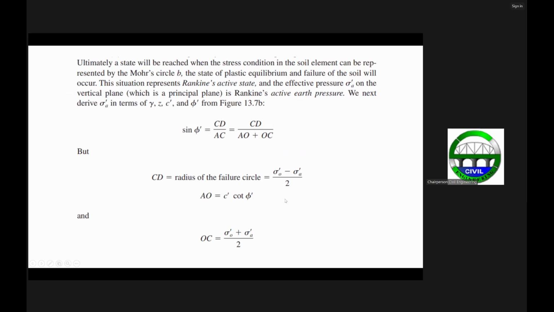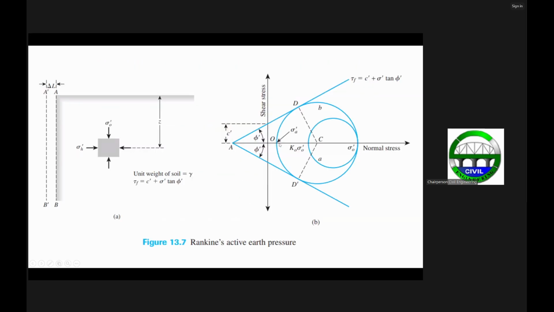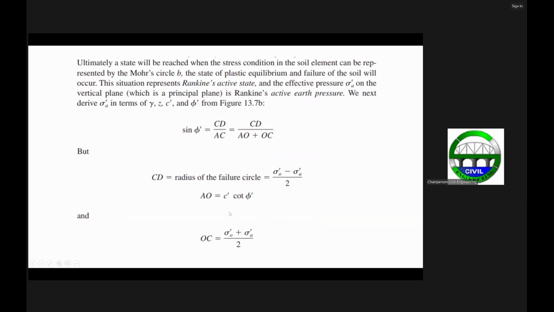While OC here is the average length of sigma sub O prime plus sigma sub A prime. That's this length plus this length, divided by 2, which will give you this length OC. So sigma sub O prime plus sigma sub A prime over 2 will give you OC.